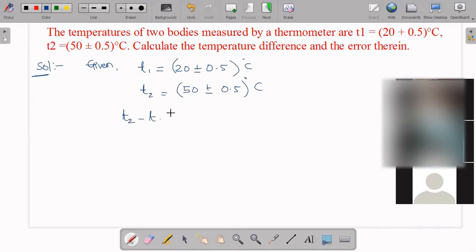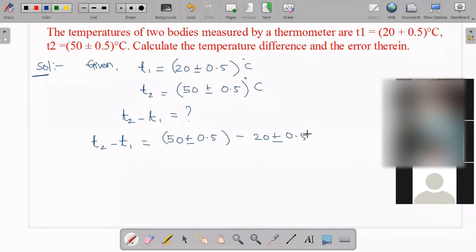This is what we want to find. If I use these values directly, what do we get? 50 plus or minus 0.5, minus 20 plus or minus 0.5, right?